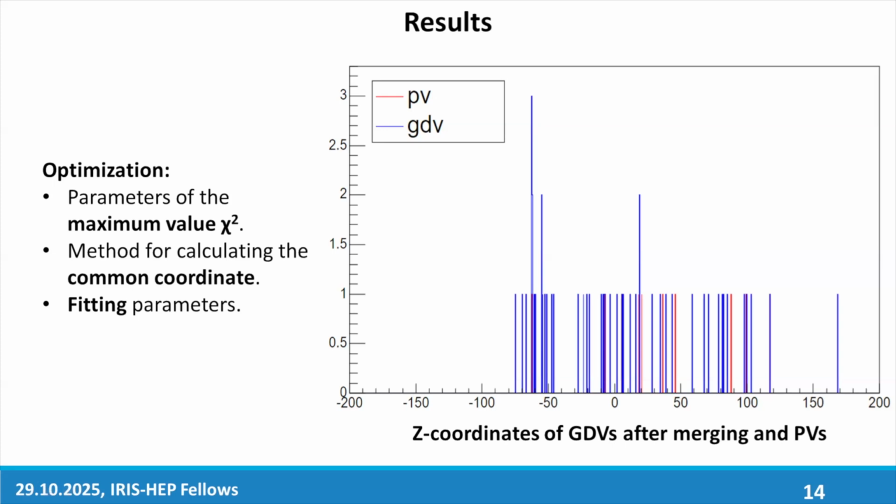This result depends on some parameters which we can tune in future. It's the parameter of how close two vertices should be to match them. Also the method of calculating the common coordinates of the two vertices which we want to merge, and also the fitting parameters, which are a lot of threshold parameters which we can switch, making the restriction lower or higher.